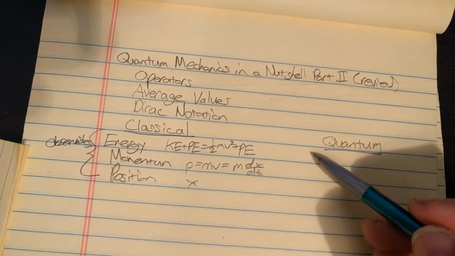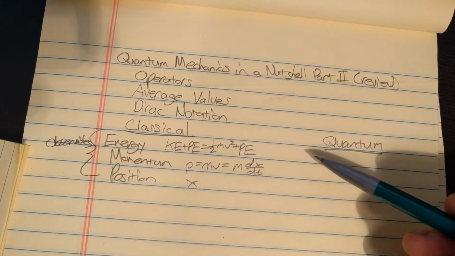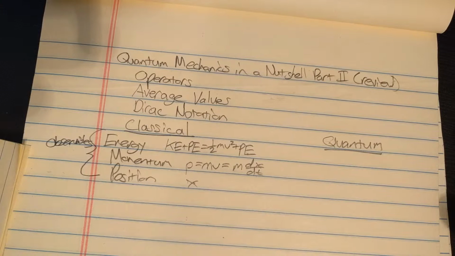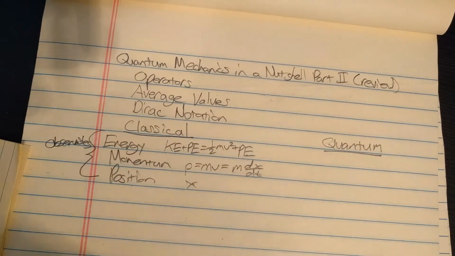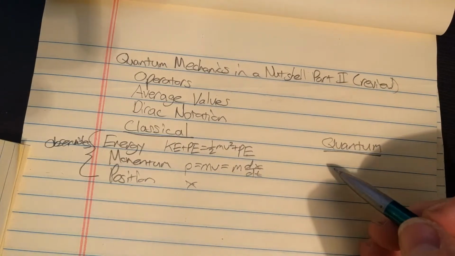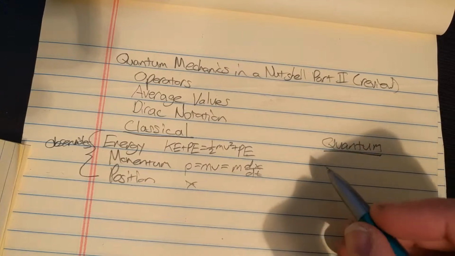Any quantity we want to talk about, we just put a hat over it, and it becomes an operator, and now it's quantum mechanical. Quantum mechanical operators have certain properties, such as being Hermitian. I'll talk about what that means later.